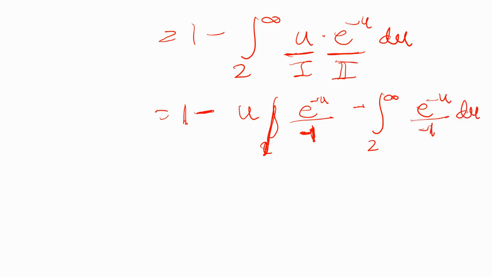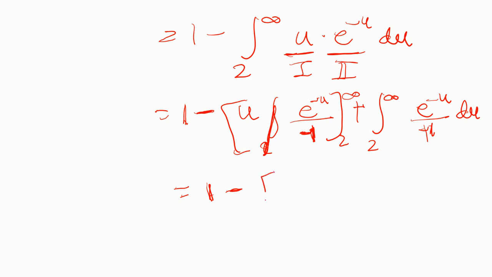Minus minus will be cancelled out again, and this one will be plus. When we put infinity, e to the power minus infinity will be 0, so that part will be 0.